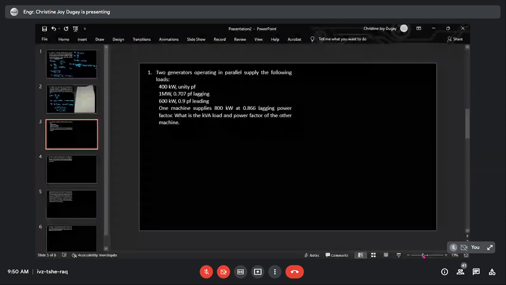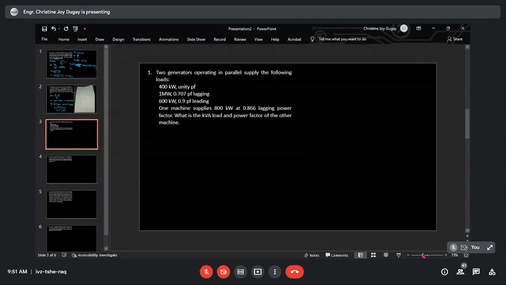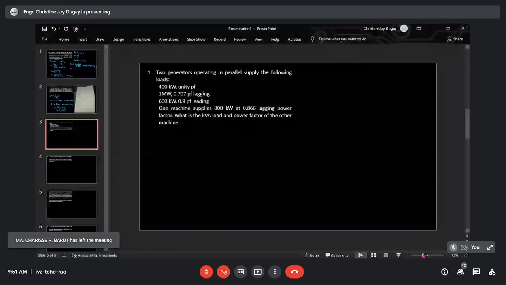So, dun sa dalawang generator natin, if yung machine natin supplies 800 kilowatt at 0.866 lagging power factor, what is the kVA load and power factor of the other machine? So, ibig sabihin, kung meron tayong power in, or that is the true power ng isang generator natin, ano yung value ng kahati niya para masupplyan niya yung load na yan?